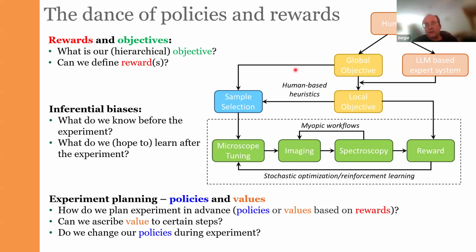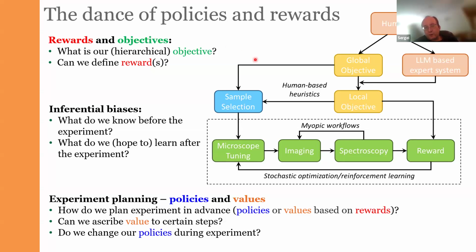The problem is that we never know the reward functions. We can approximate them, and sometimes we can approximate them very well. But generally, the relationship between the reward function that can be achieved in the experiment and the long-term objective of the whole project becomes very unclear.